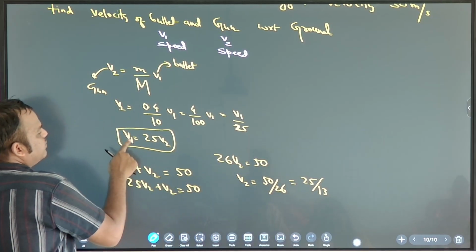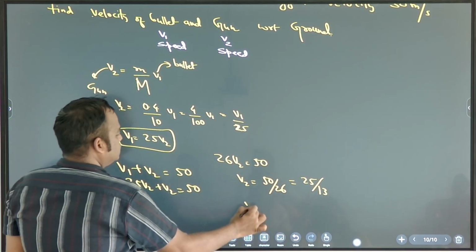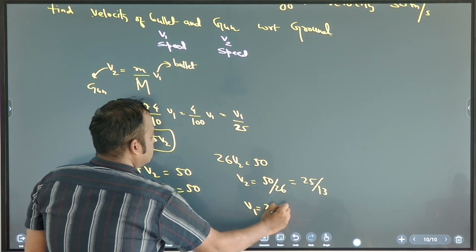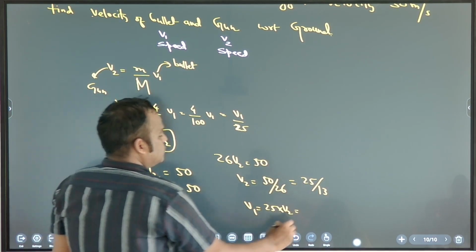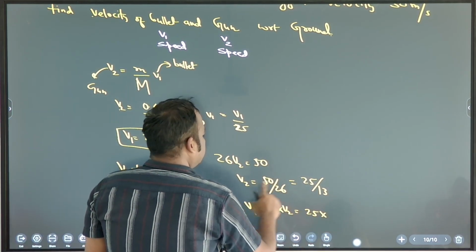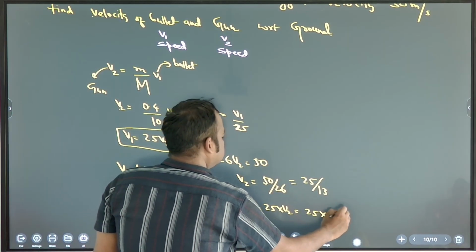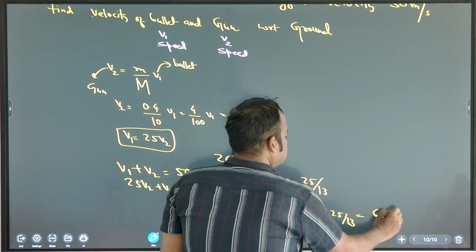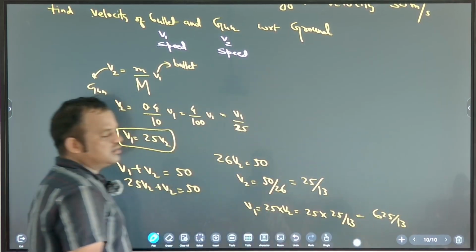Clear? Now come back to v1, which is 25 into v2, 25 into 25 by 13. So this will be 625 by 13.